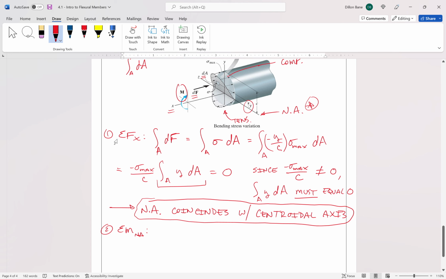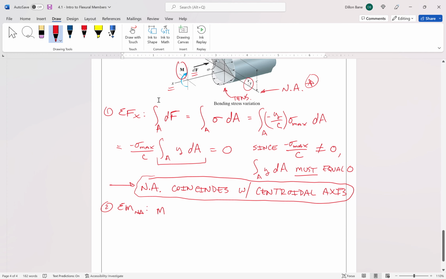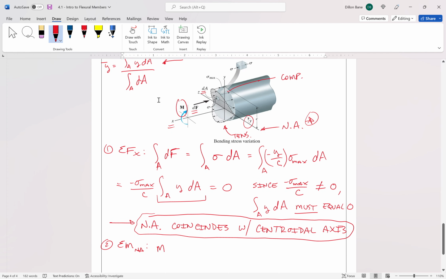So if I sum moments about the neutral axis, what we get is that we have the moment M itself, right? And then we're going to take the moment from the stress profile, right? We're still going to have to do this in integral form, and taking the moment of all of these little dF forces is essentially what we're doing.